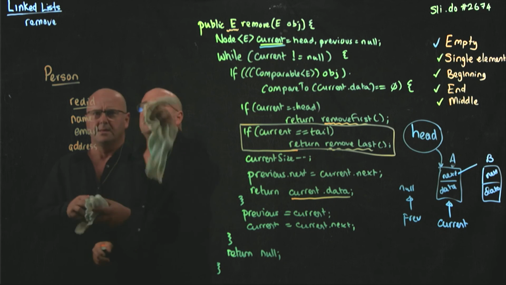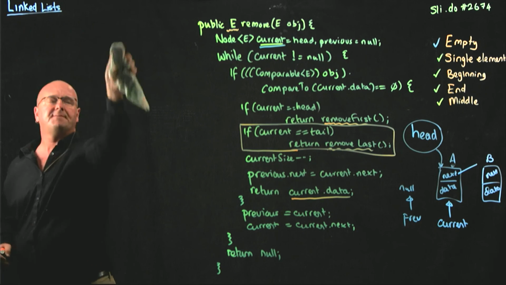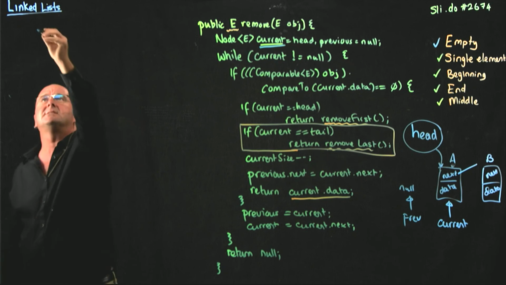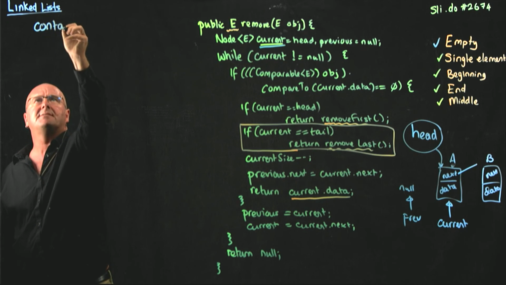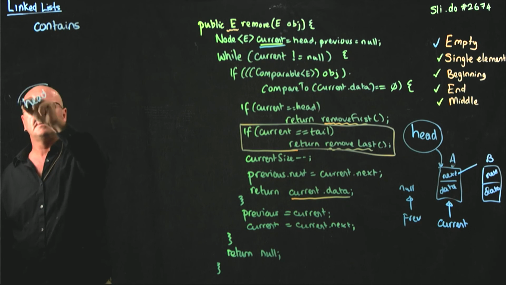All right, so we've looked at remove, and let's look at how we find something. For example, a contains method. So I'm going to draw my linked list again.